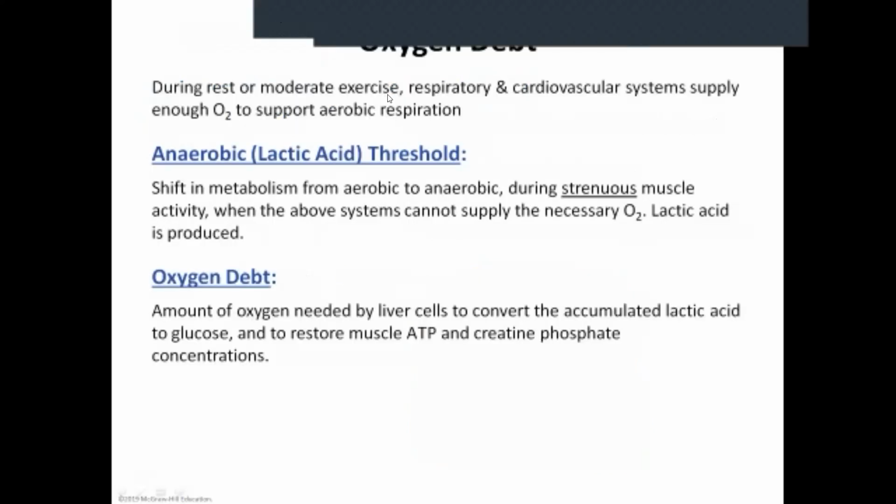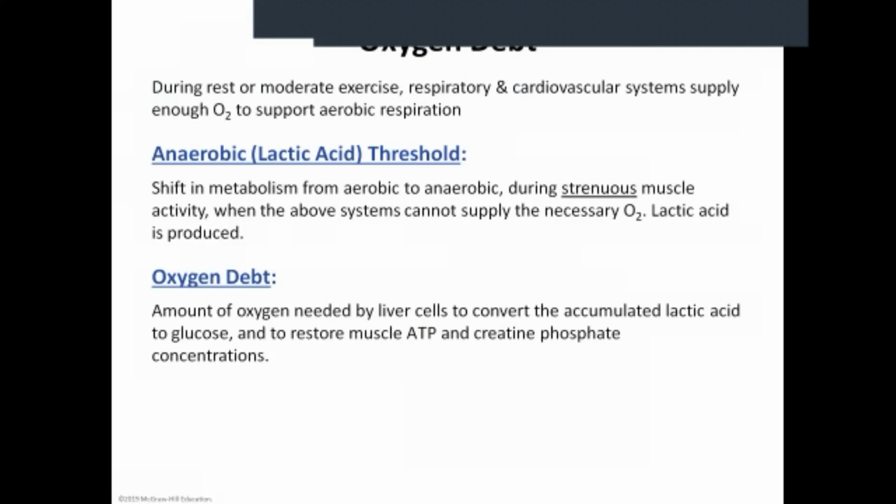All right, so again, we need oxygen and we do need ATP as well. During rest, our respiratory and cardiovascular systems really do supply enough oxygen to support us through aerobic respiration. But like I said, if someone is doing a really intense workout or a sprint, you can't continue to sprint for long periods of time, because if you're not utilizing oxygen, you don't have a sufficient amount left.